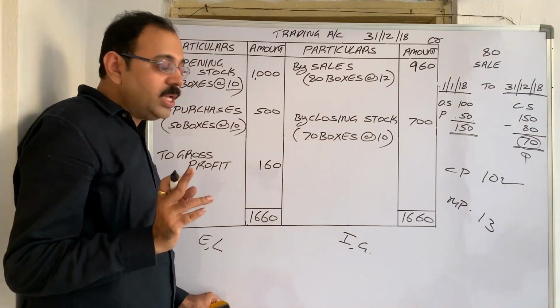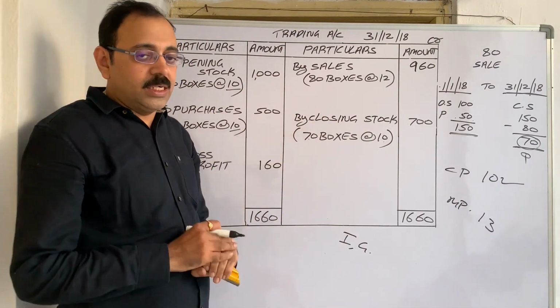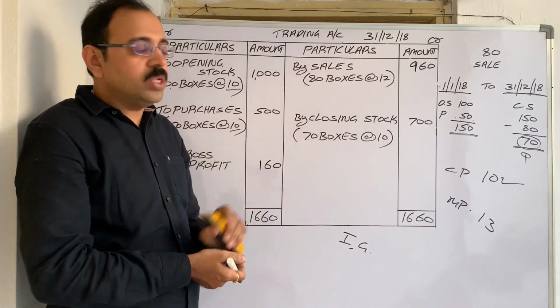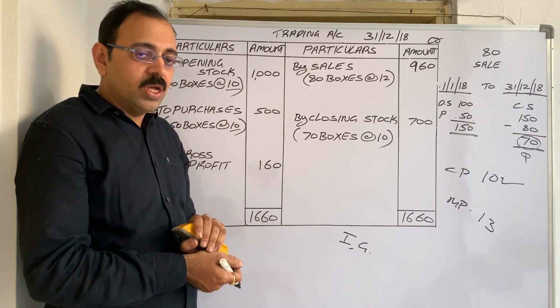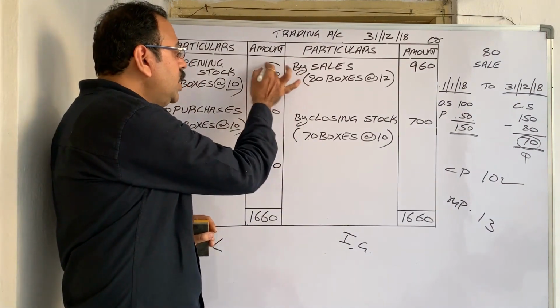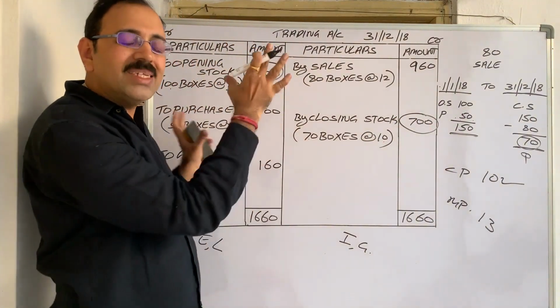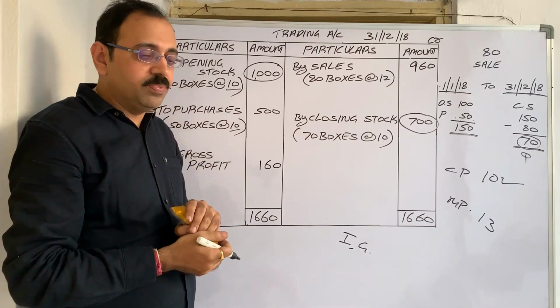And your doubt is, opening stock and closing stock both are assets. So assets we should not write in the trading account because the trading account is a nominal account. In that case, without considering these two, if you imagine the trading account, then what meaning does it give? Observe.